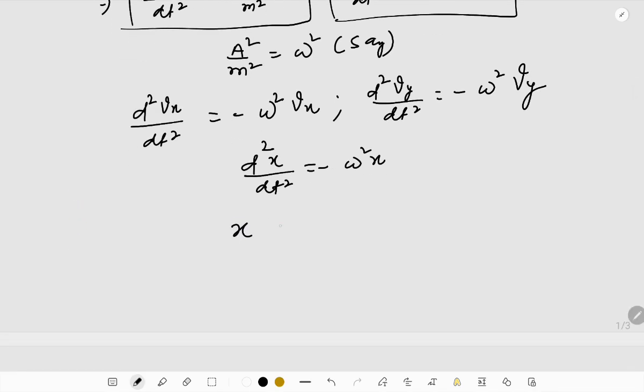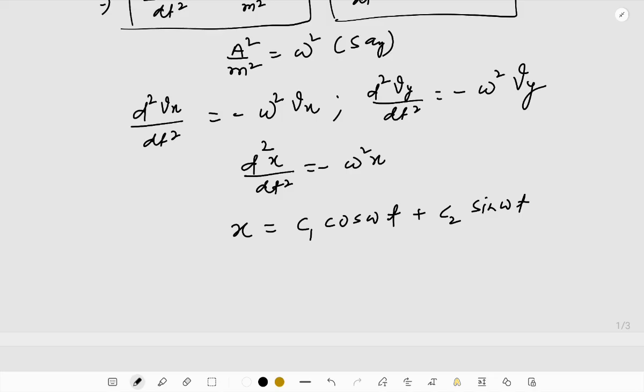So the solution to this equation is simply c1 cos omega t plus c2 sin omega t. c1 and c2 are nothing but constants of integration, and if you differentiate it 2 times you will get the same result. So this is the solution of this equation, and this is a standard procedure.